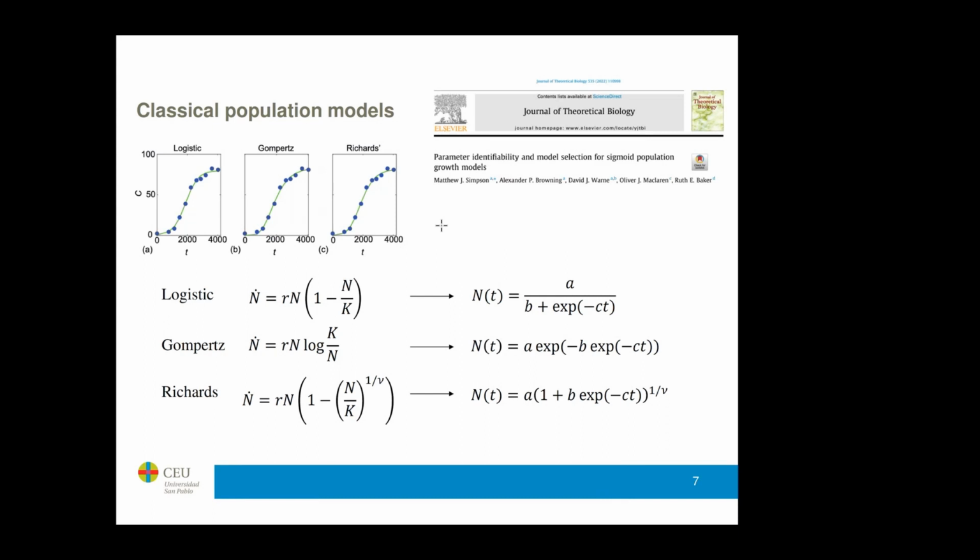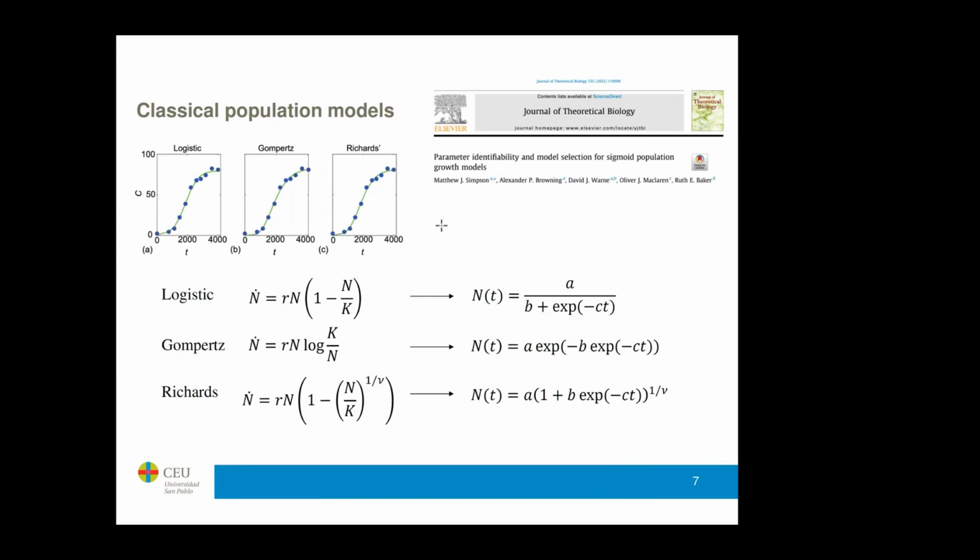You see that all of them look very similar. You can have the analytical function, or you can also write a differential equation whose solution is this one. This differential equation, this is the derivative, and its solution is that one.